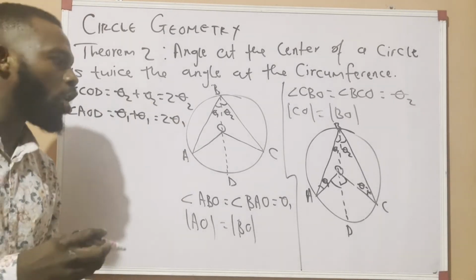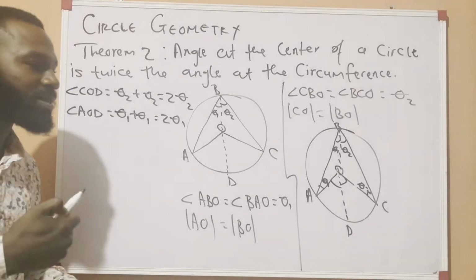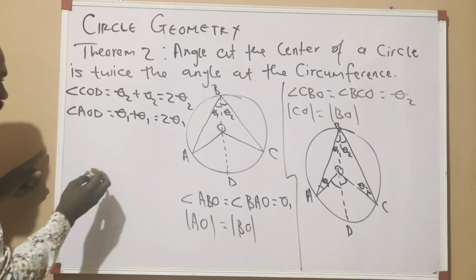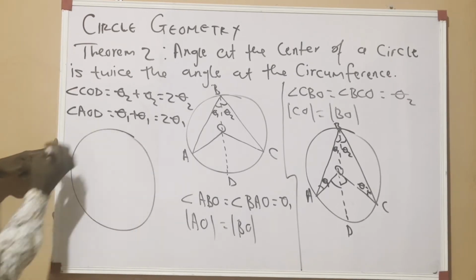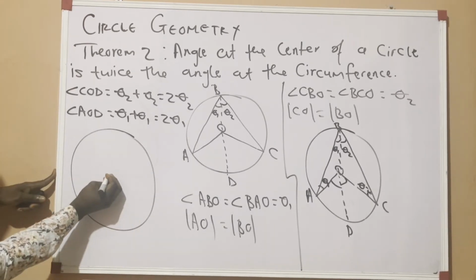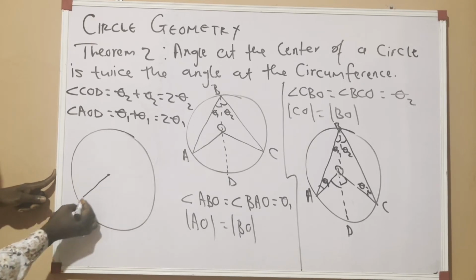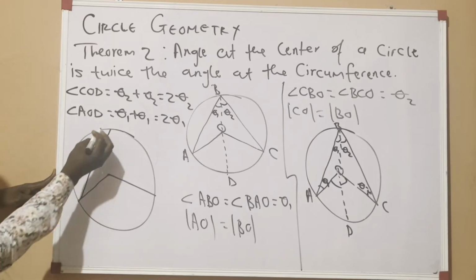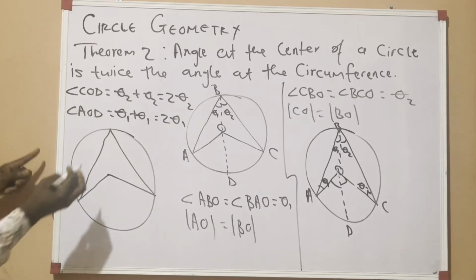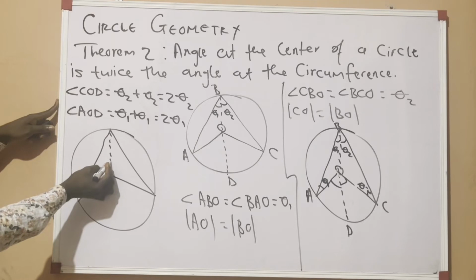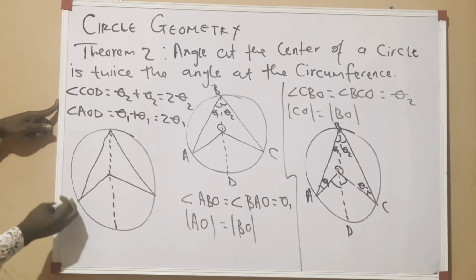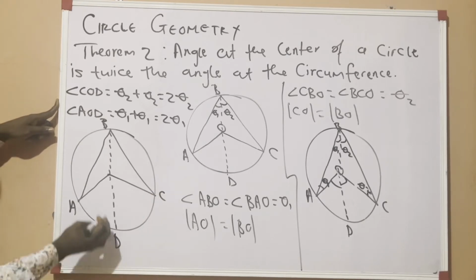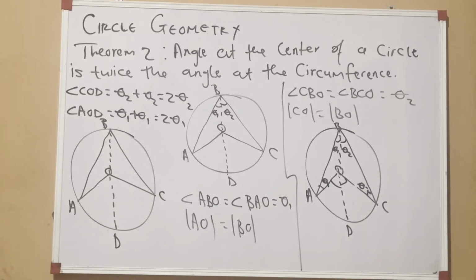The reason why I am drawing different diagrams is for us to illustrate what we are doing. Now, if I should draw another diagram again, center of the circle, radius, now we have a chord, and we also have a chord, and then we have this, and then we have A, B, C, D, and O. Now watch.